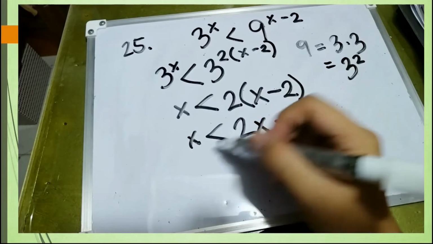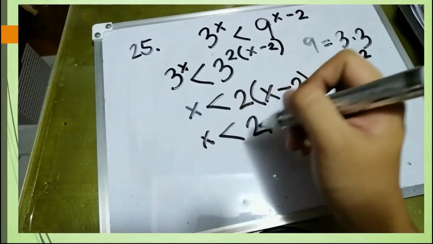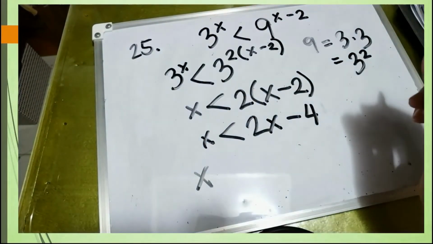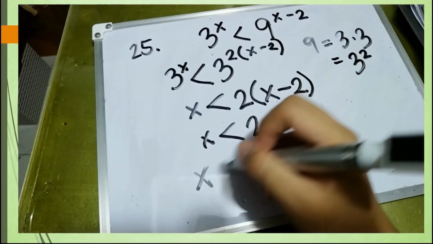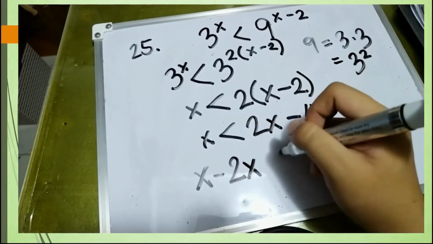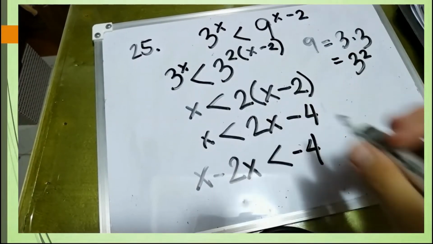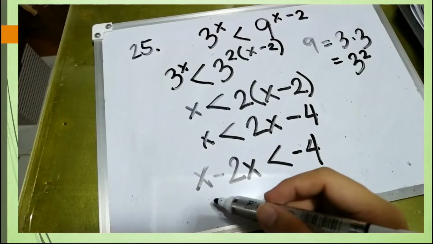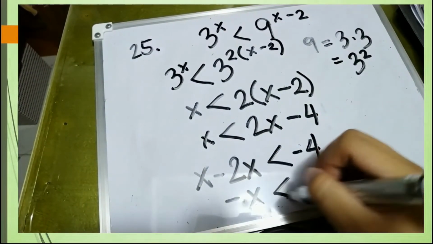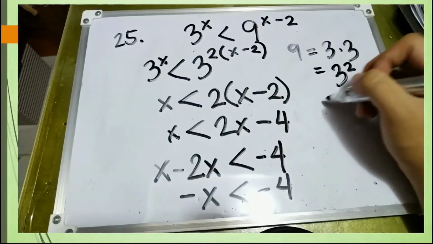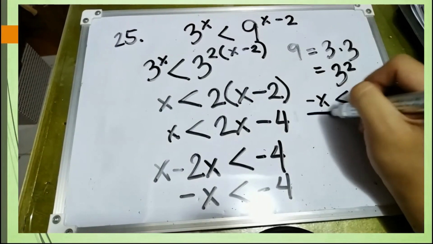Then we're going to transpose. So x minus 2x is negative x. Then we're going to divide both sides of the equation by negative 1.